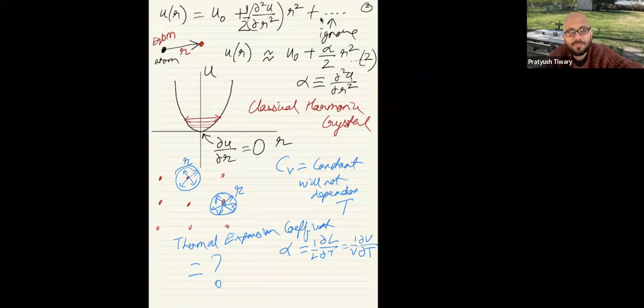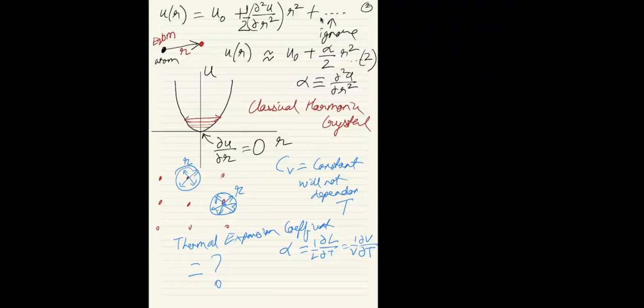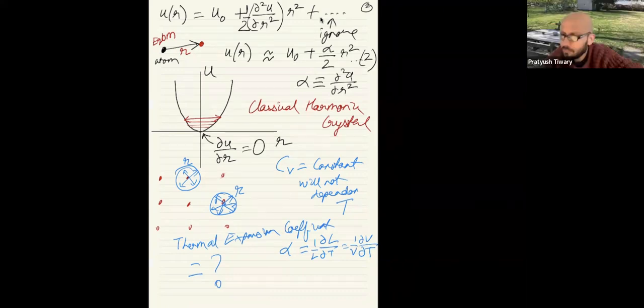No one sees it? Intuitively, I'd guess 0, but why? It will be zero. Why?